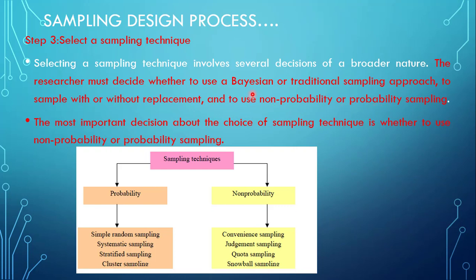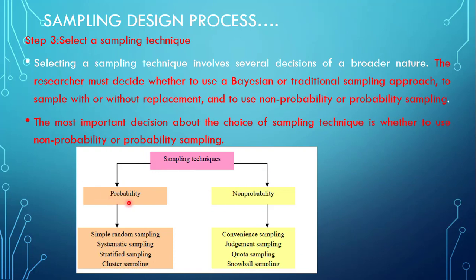But the very well known and the very used sampling techniques are non-probability sampling and that of the probability sampling approach. So as you see in the diagrams, the sampling techniques are classified under two: probability and that of non-probability.